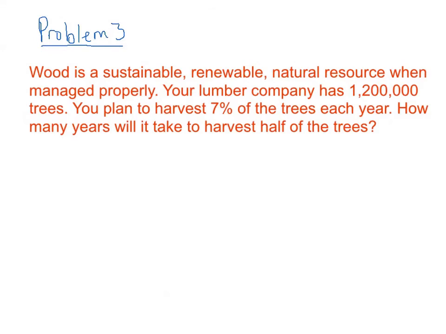Well, this is very similar to an interest equation. So we're going to say that A of t is equal to A times (1 plus r) to the power of t. Now, let's go ahead and list our knowns.